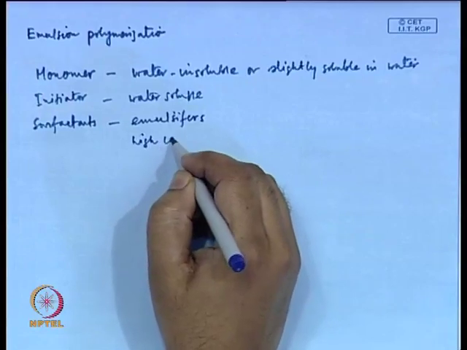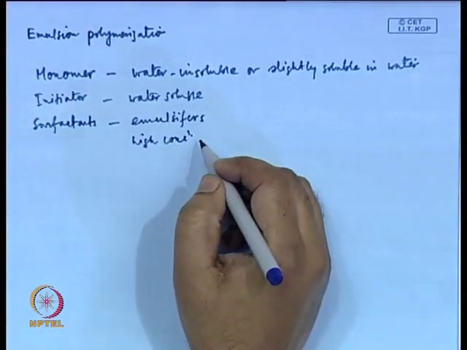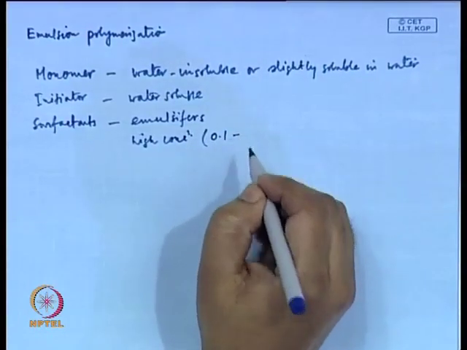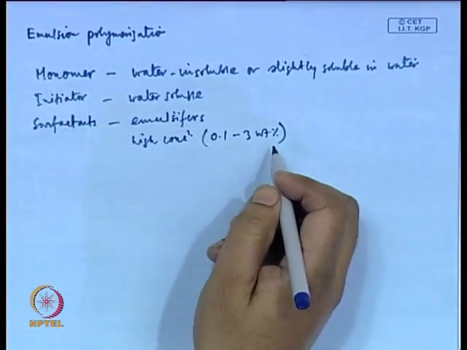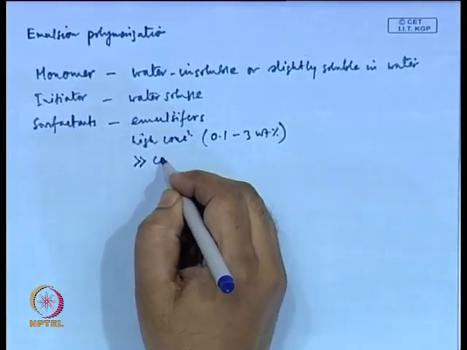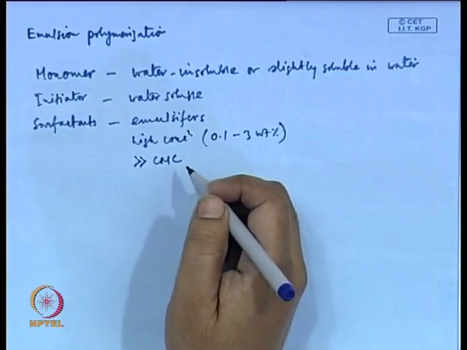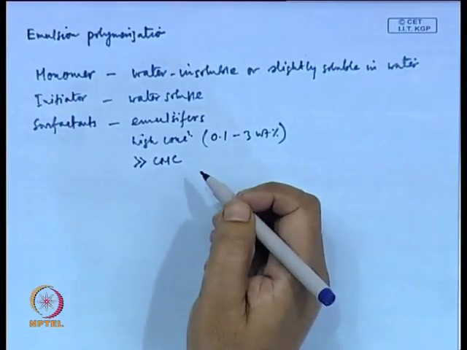If you remember, the concentration of the dispersant in suspension polymers was around 0.1 weight percent, but in this case it is much higher, 0.1 to 3 weight percent, and these concentrations are far greater than the critical micellar aggregation concentration, CMC, of the surfactants.